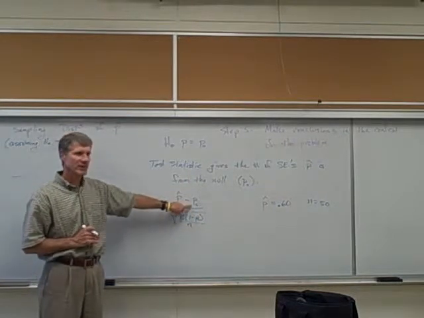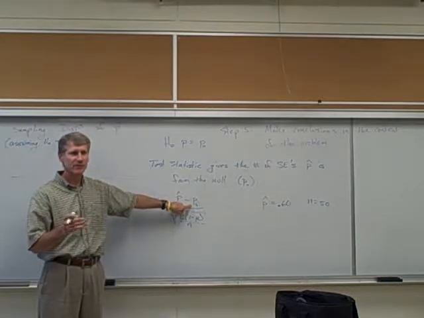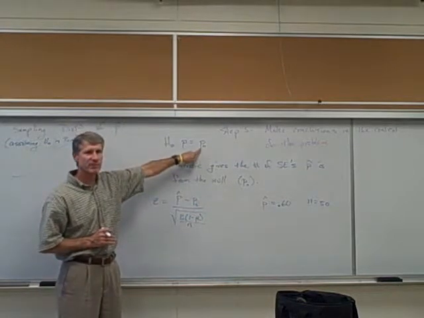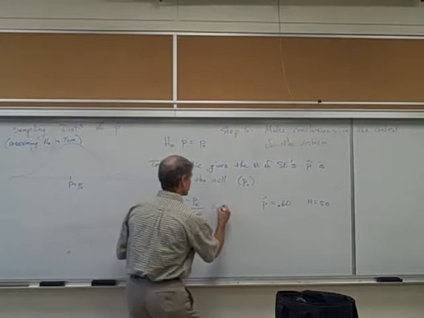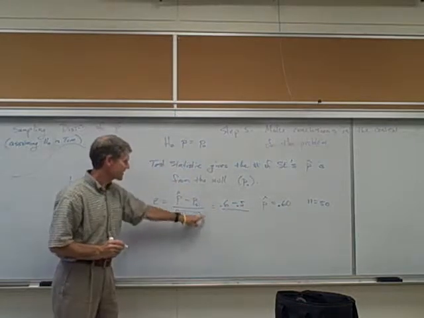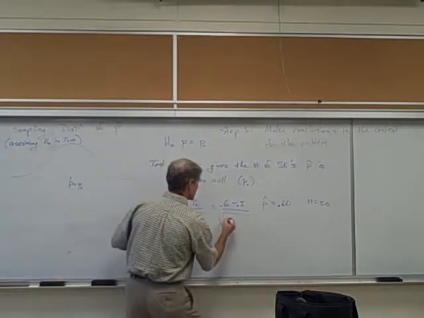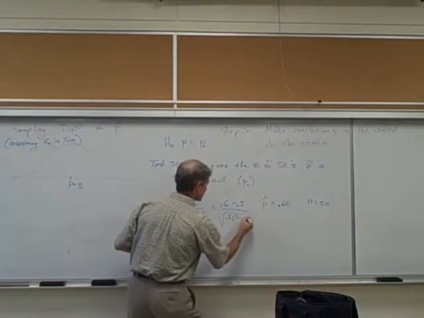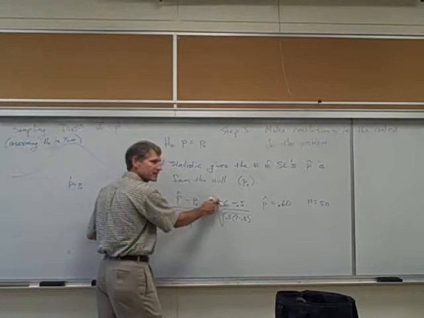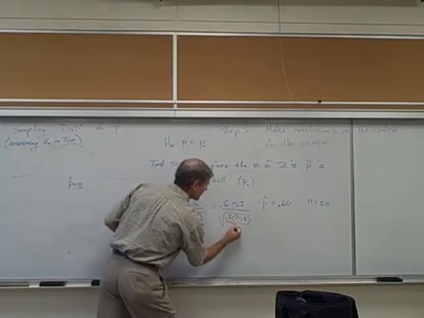Well, what would p0 be? If I'm flipping a coin and you're supposed to predict what the flip was, 0.5. So this p0 would be 0.5. So I would have 0.6 minus 0.5 divided by the standard error. And that standard error would be the square root of 0.5 times 1 minus 0.5, because I'm using the hypothesized value, not p hat, but p0, divided by n equal 50.